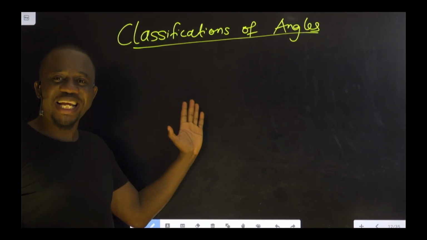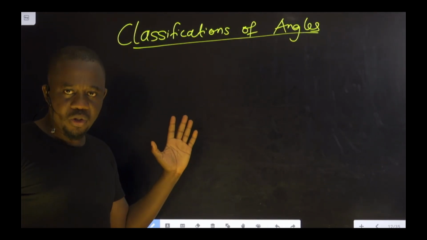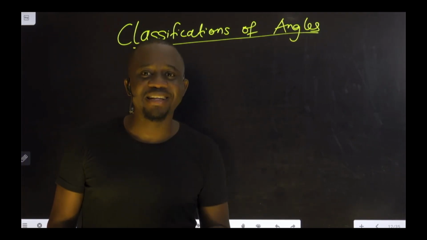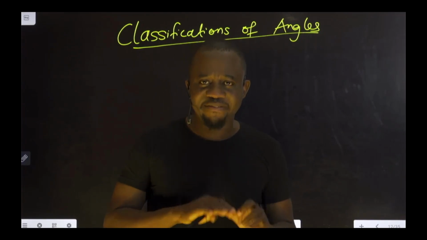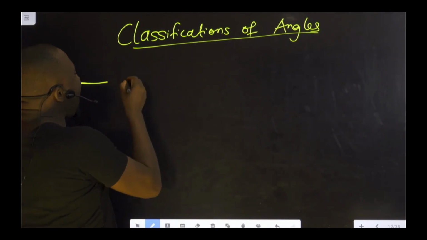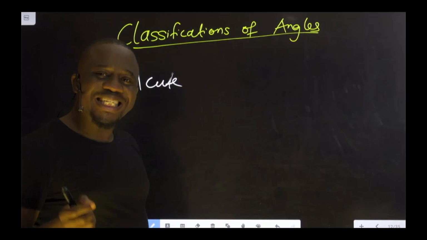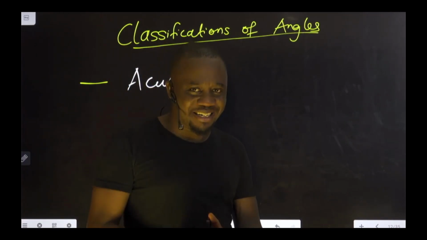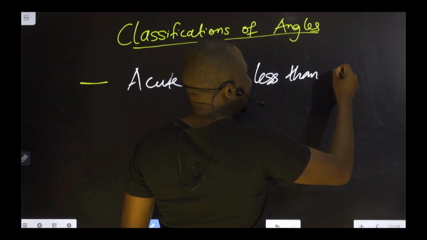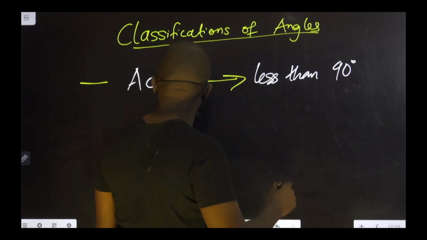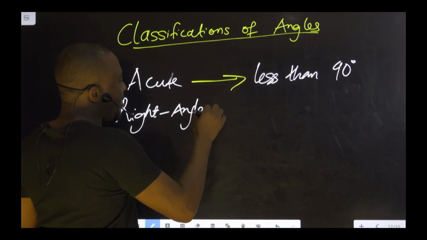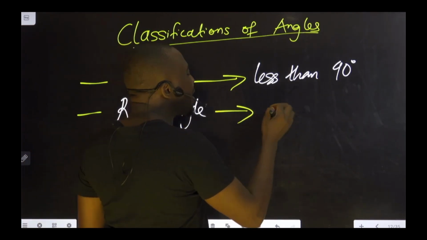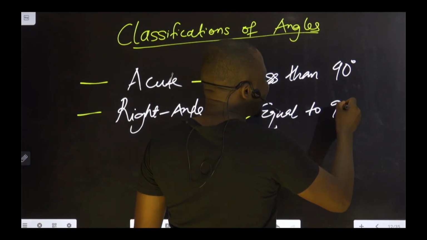Now, let's look at the classification of what? Angles. When you are given an angle, can you classify it? Let's see. We have different kinds of angles. We have the acute. Acute angle is any angle that is less than 90 degrees. Okay? Less than 90 degrees. We also have the right angle. Right angle is an angle that is equal to 90 degrees.